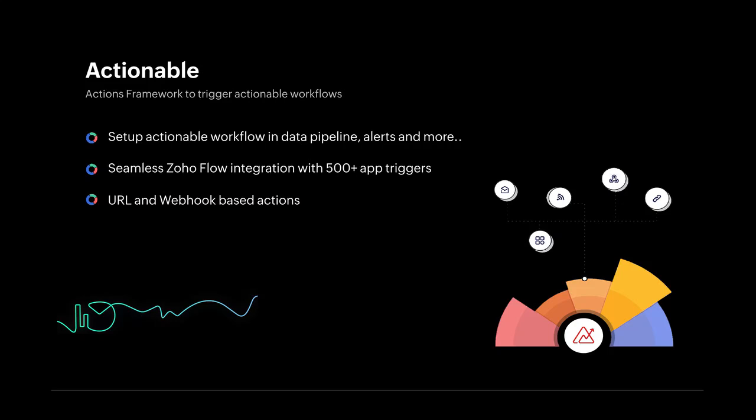Previously limited actions will now seamlessly integrate with Zoho Flow, our workflow engine, which allows users to design and execute complex workflows. Users can trigger these workflows as a part of their data processing and can also invoke URLs and webhook actions from the action stream.